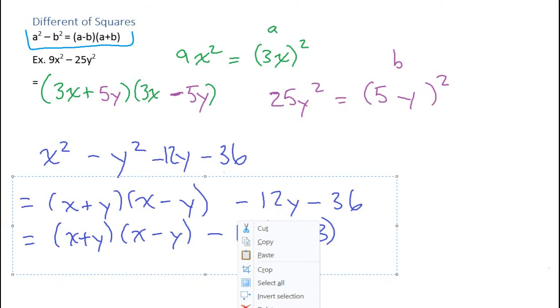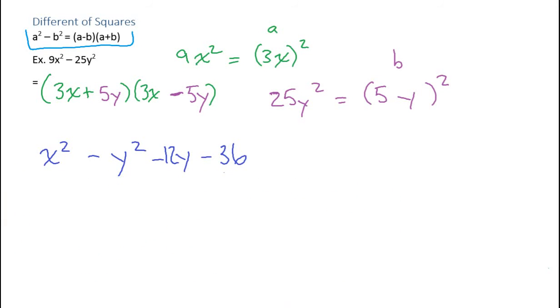So for a challenging question like this, you just have to keep trying things until you find something that works. I can see that this part right here, with the y's, kind of looks like a simple trinomial. So I'm going to try factoring that and see what happens. I'll take out a common factor of the negative, so it's a little bit easier.